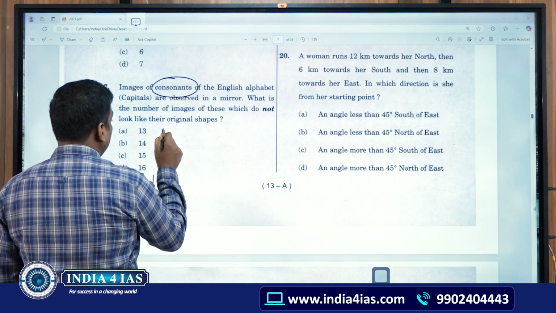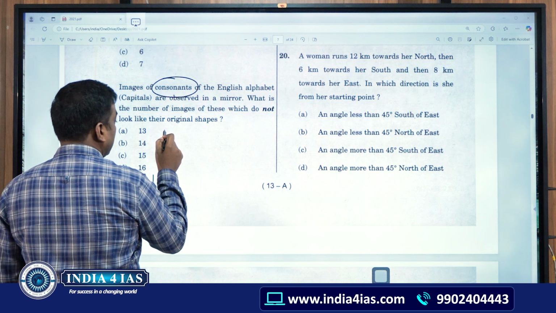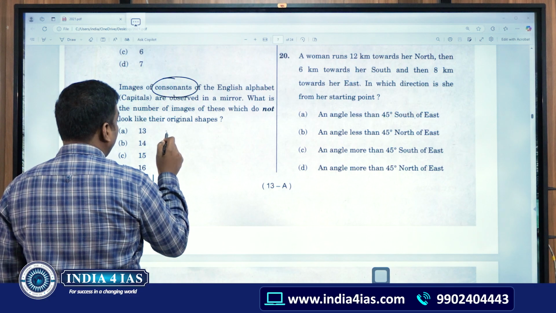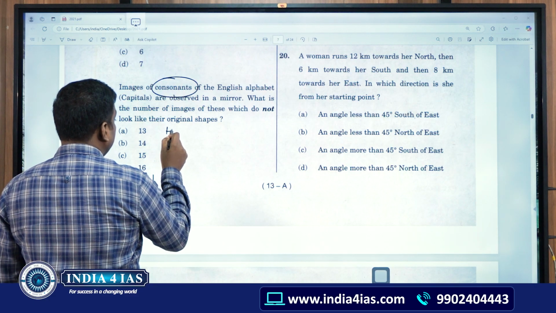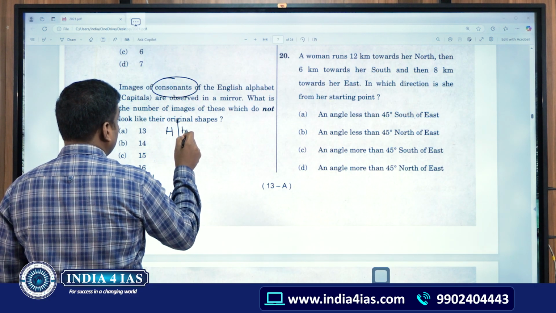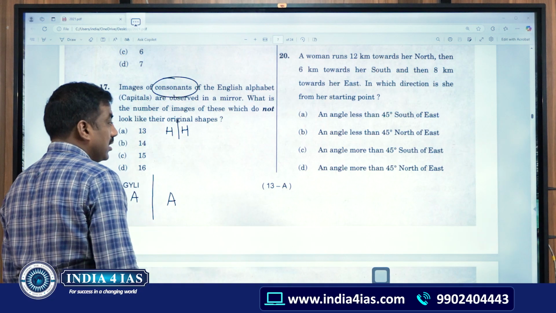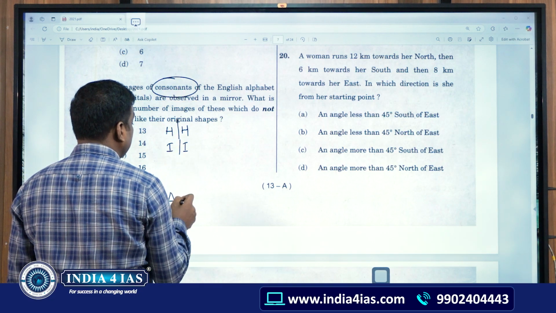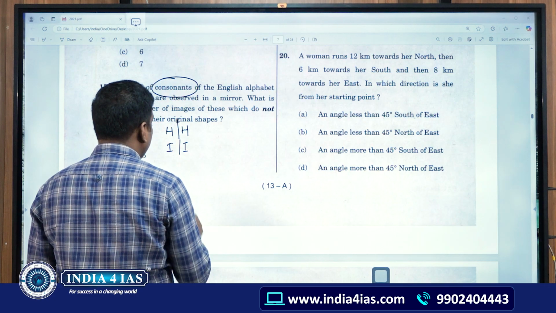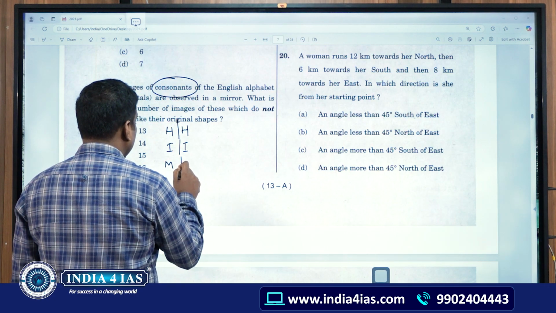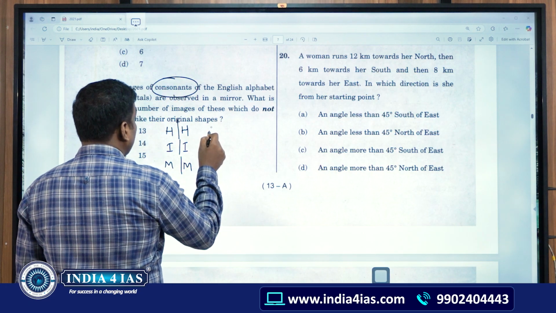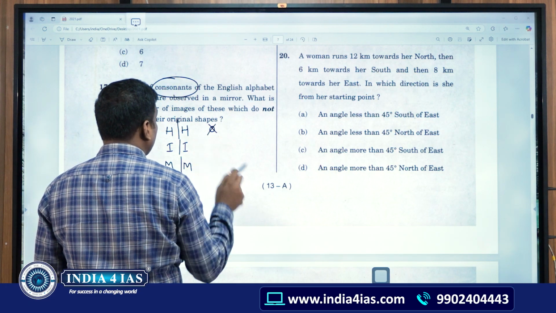For example, B is not, then C is not, D is not, E no, F no, G no, H looks like it in the mirror. Then I also looks like that. J no, K no, L no, M yes, M looks like that. Then N doesn't look like it. Then O, but it is not a consonant.